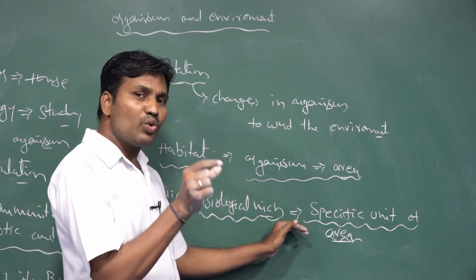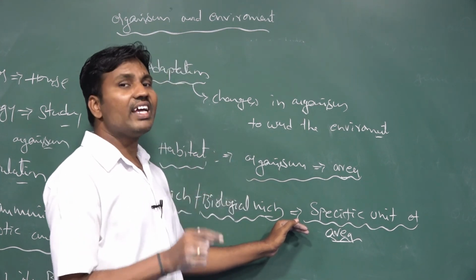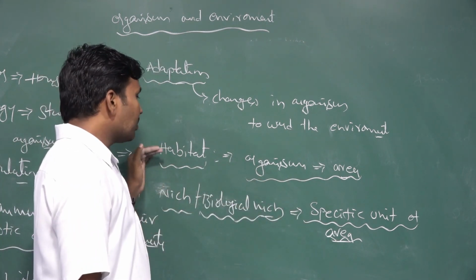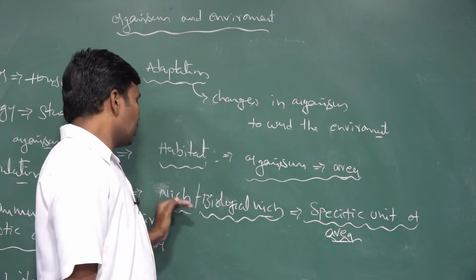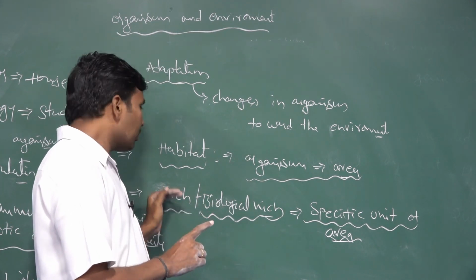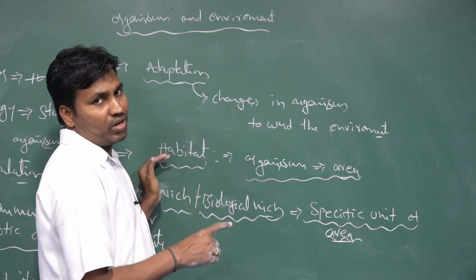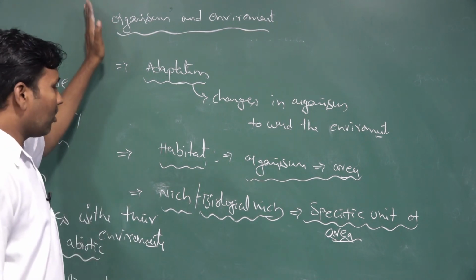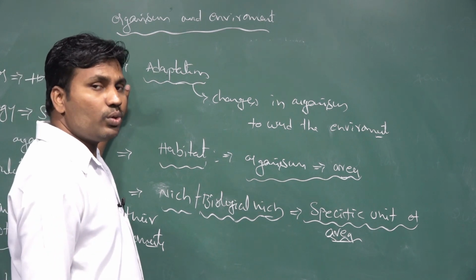That belongs only to us. That specific unit of area is called the niche. So the habitat and the niche are specific to each and every organism. Niche is unique for one individual, while habitat is common for a few organisms. So like this we take up ecological studies. These are the basic terminologies we are going to use here.